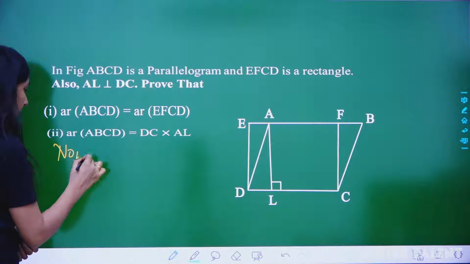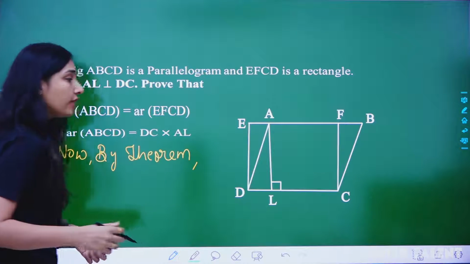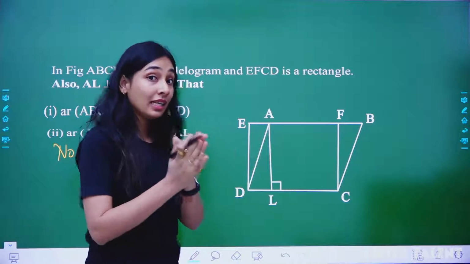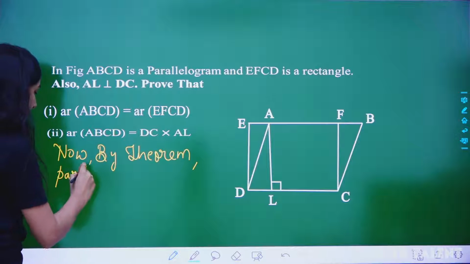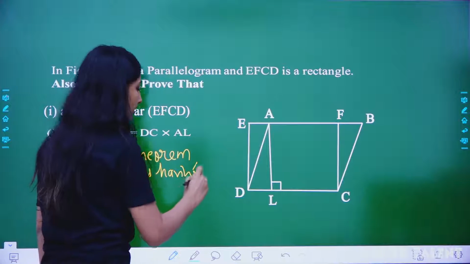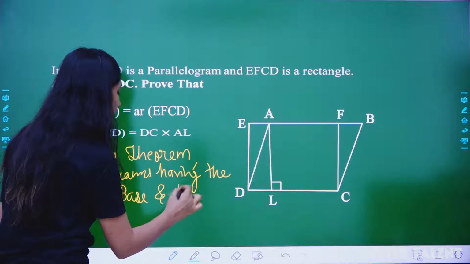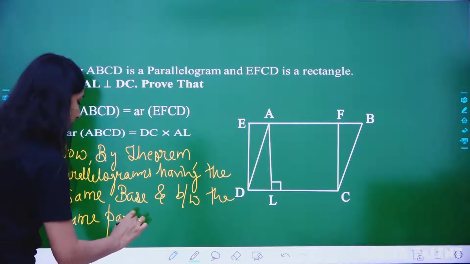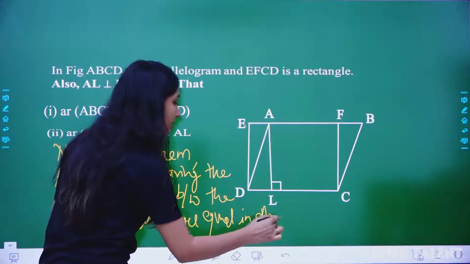Now, by theorem, the very first theorem we have proved in this lecture: parallelograms having the same base and between the same parallels are equal in areas.